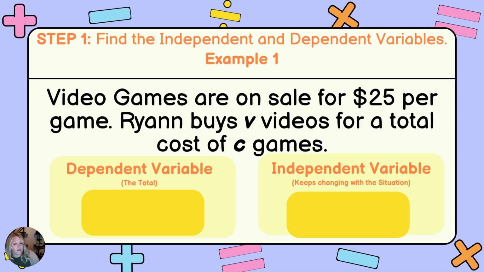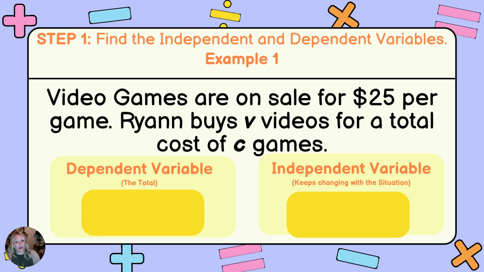Example 1: video games are on sale for $25 per game. Ryan buys V video games for a total cost of C. So the dependent variable is the total. Here at the end of this wording, we see a total cost of C. So total cost of the games is what we are looking for as the dependent variable.